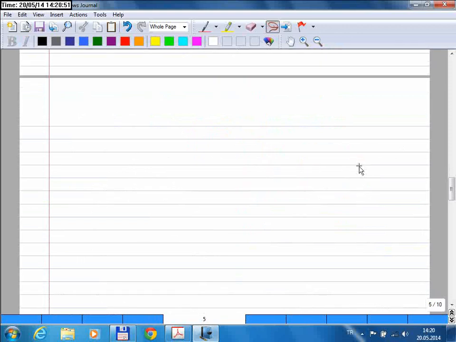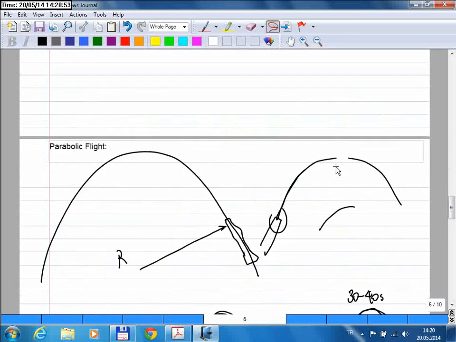Okay, so as the last thing, I would like to show you this case. So this is a case where you have a negative g-force, right? So an aircraft flying through a path like this will experience a negative g-force, right?